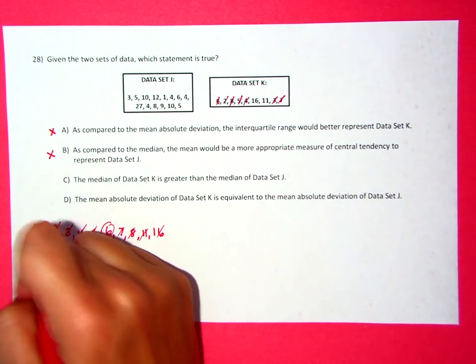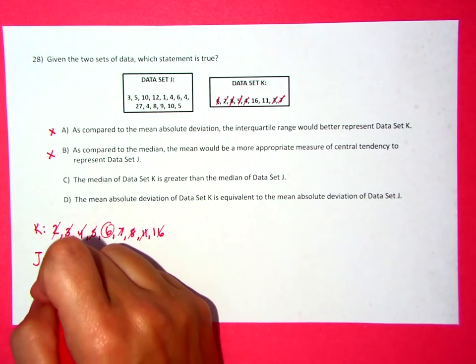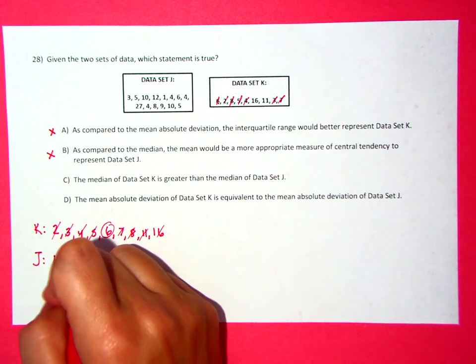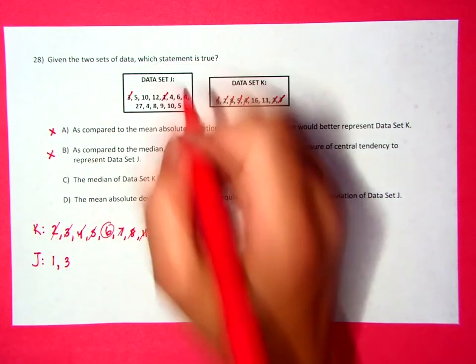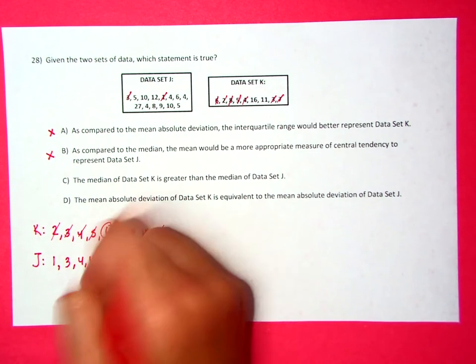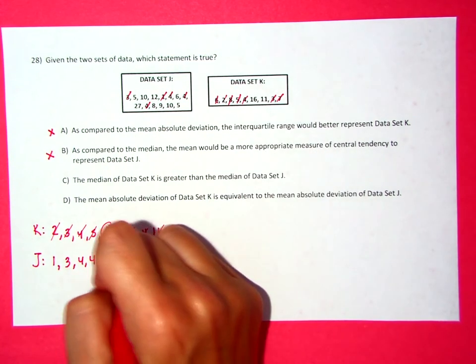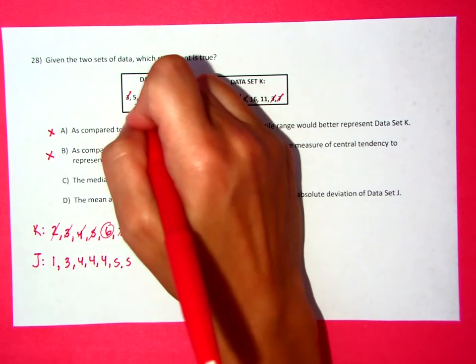Now we're going to do the same thing with data set J. We're going to put these numbers in numerical order. So we've got the number 1 and then 3, so those cancel. Then I have three 4s, so let's cancel out the 4s. Looks like I have two 5s. Cancel out the 5s.